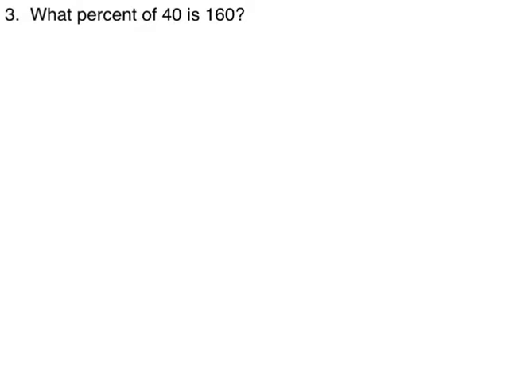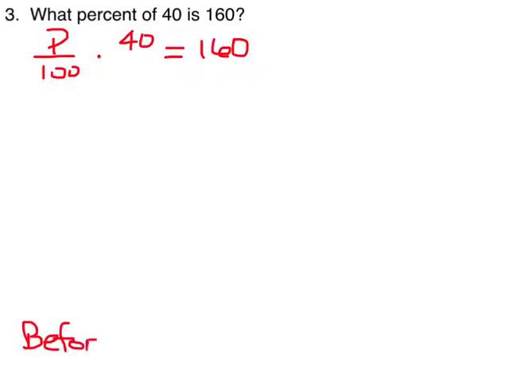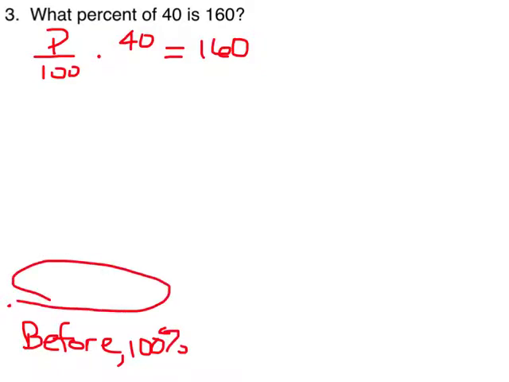Okay, it says what percent, so that'd be P over 100, of 40 is 160. Alright, so we know that our before diagram, that's going to be the 100%, is our of 40.